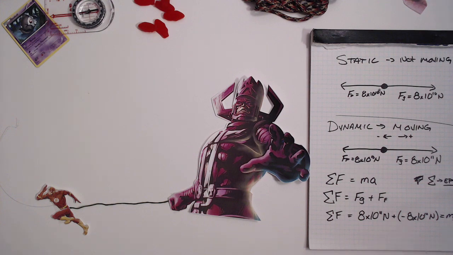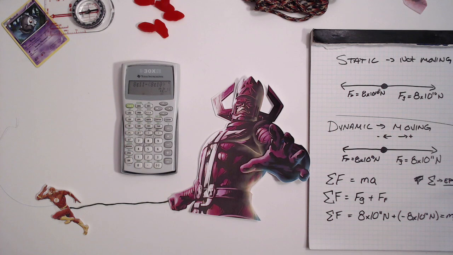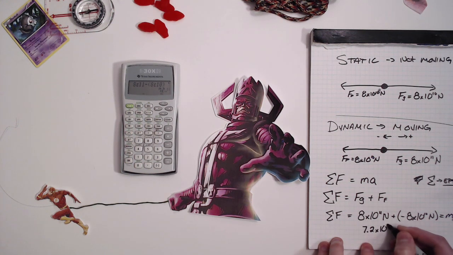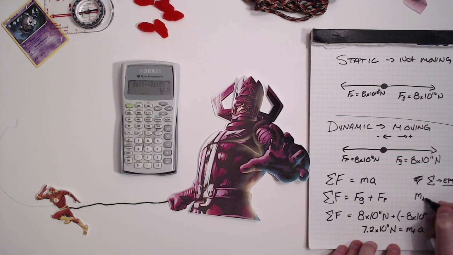So now if we run these numbers, you're going to get 7.2 times 10 to the 11th newtons, and that's going to equal the mass of the flash times the acceleration of the flash. Okay? So I'm assuming that the flash is maybe a little bit bulkier than normal, so we're going to go, he's 80 kilograms. We're going to make that assumption.